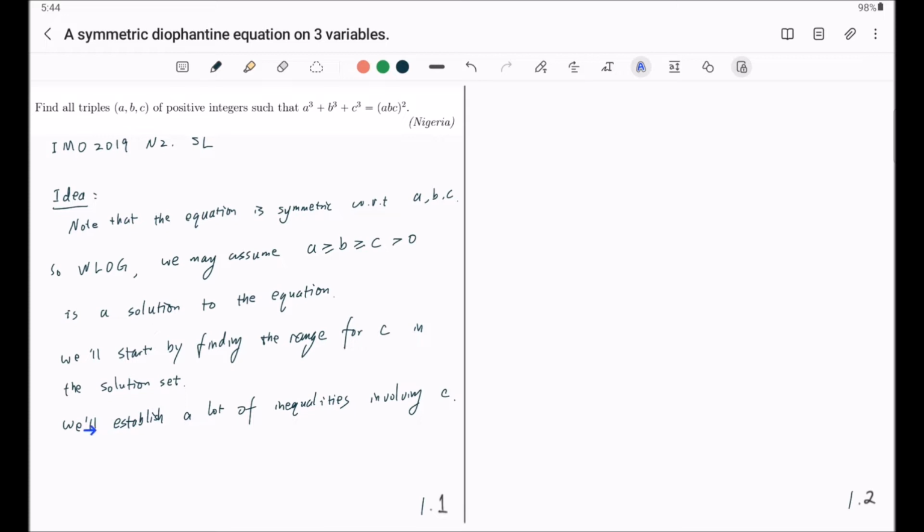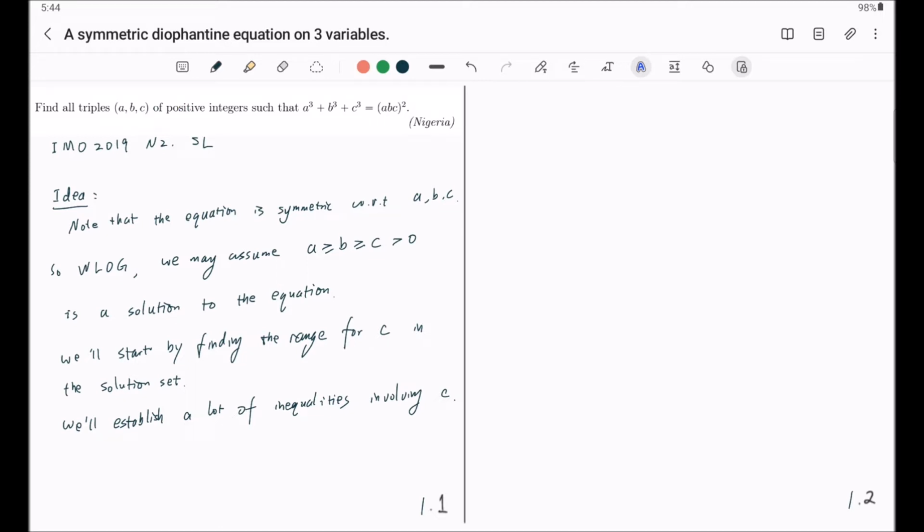This process might be tedious because at the beginning, you might establish lots of inequalities that are completely irrelevant. But don't get too frustrated. Just keep going. Because this problem asks you to find all triples, usually there are only finitely many.